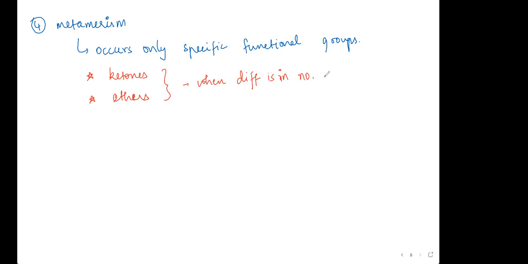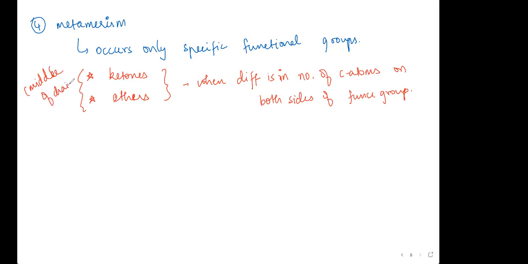So the difference is in the number of carbon atoms on both sides of the functional group. Because it depends on both sides of the functional group, it occurs only in functional groups that occur in the middle of the chain, like ketones and ethers. Okay. So I can give you one example.